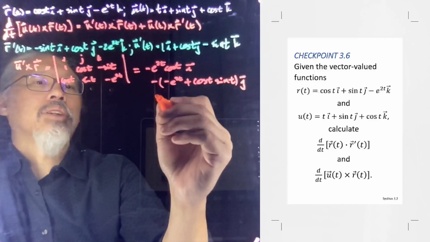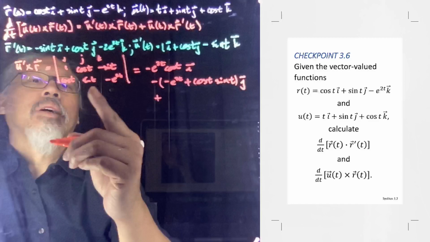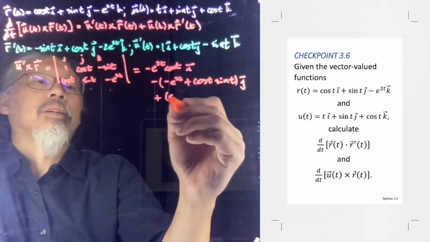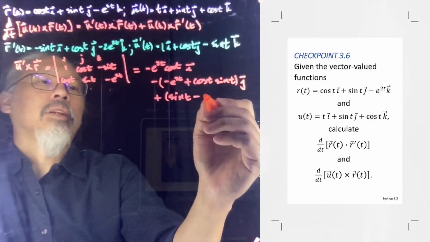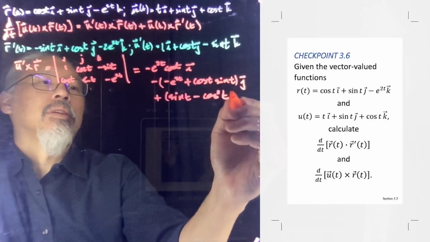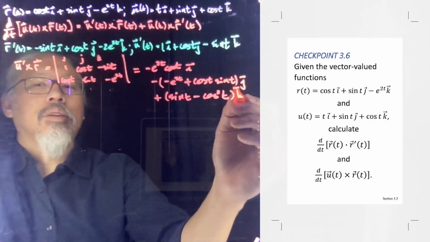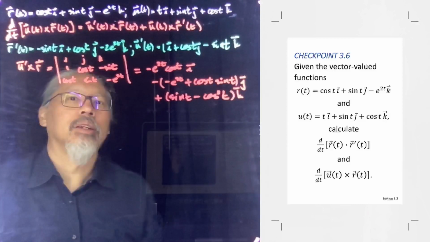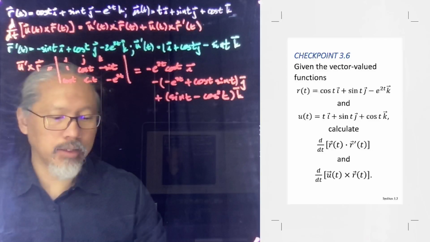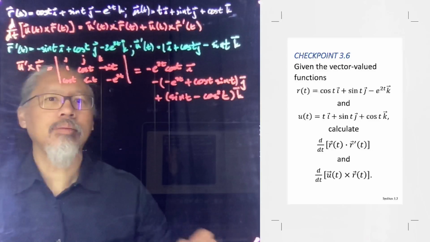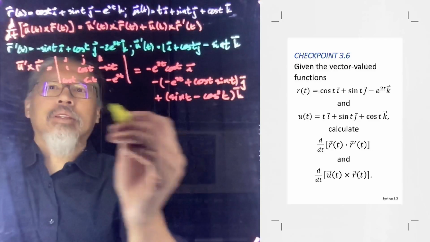And in the k direction, we have sine t and cosine squared t, negative. So unfortunately, I don't see any ways to simplify these things, so it doesn't look like they'll simplify nicely. Let's go on to the next one.